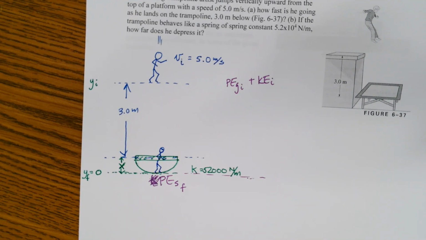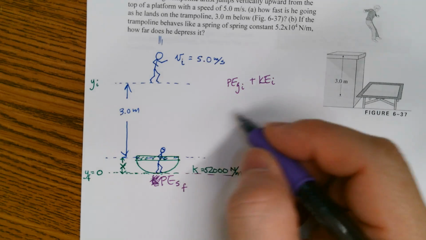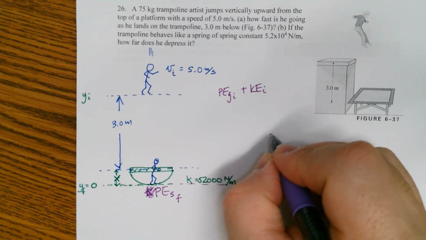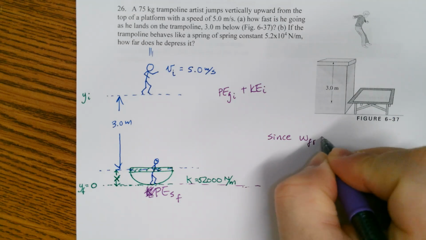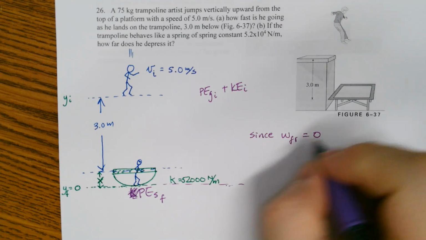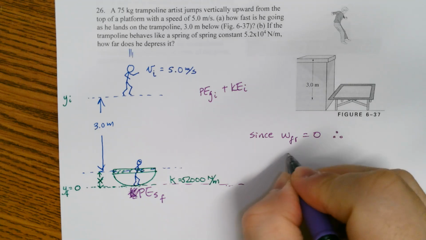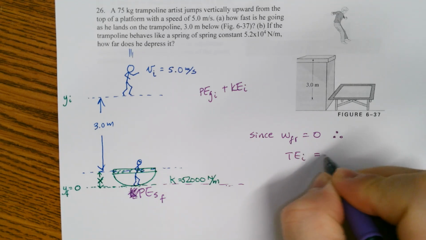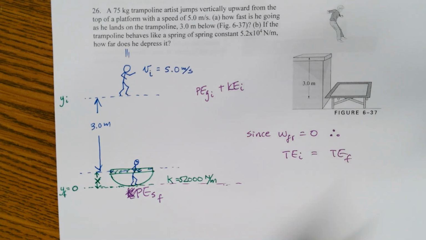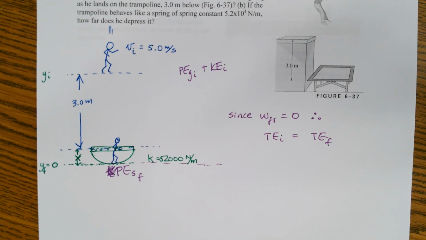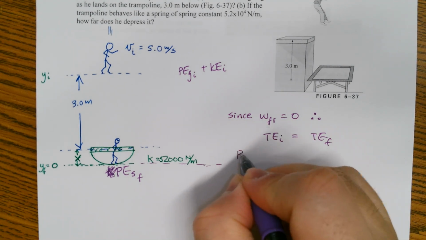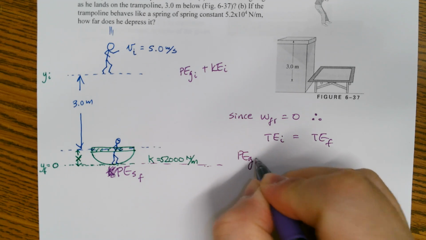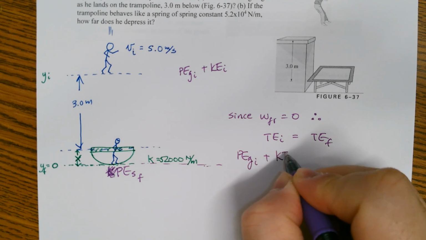Since there's no work done by friction, work done by friction is equal to 0, we can say total energy initial must equal total energy final. So initially, I have gravitational potential energy initial plus kinetic energy initial.